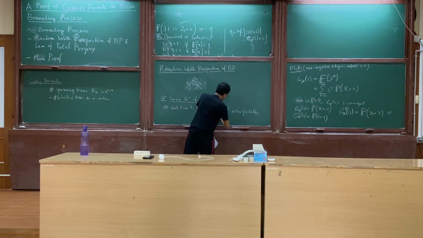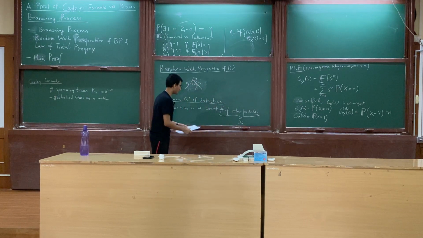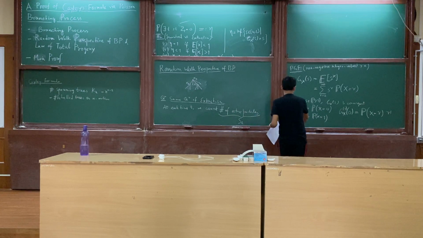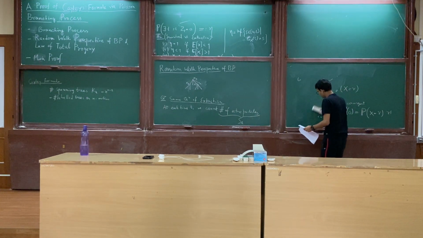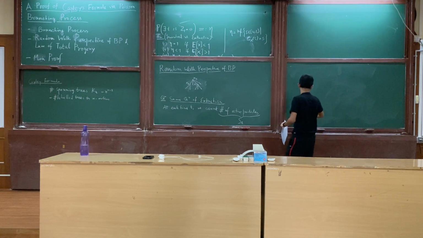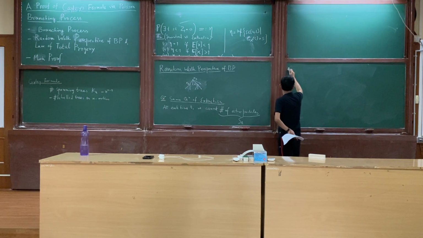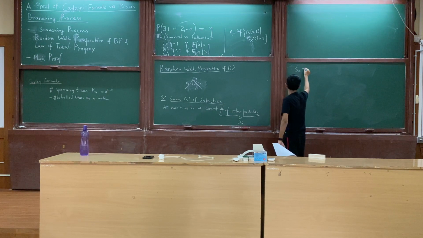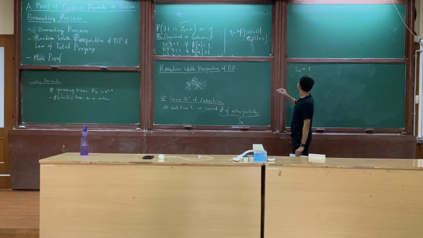So say at time t, this is S_t. Okay. Now, what is S at time 0? S_0 will be 1 because there will be one particle.